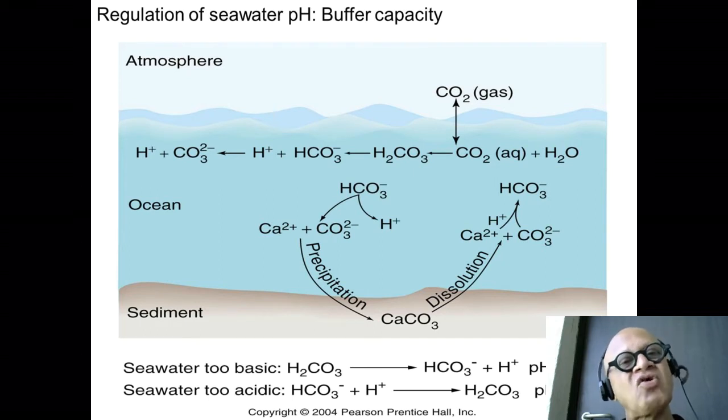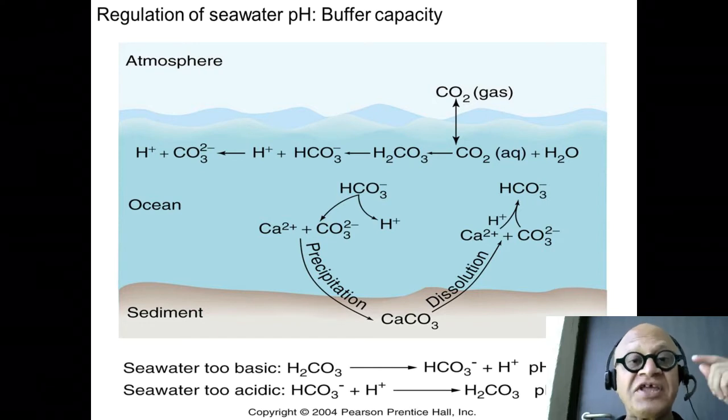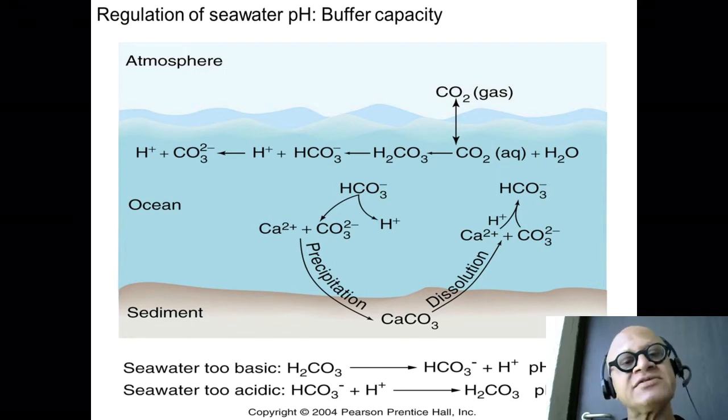There is dissolved CO2 and there is something called aqueous CO2, where the CO2 molecule is kind of hydrated and surrounded by water, but we won't bother with such details. So essentially the CO2 gas in the atmosphere is constantly being exchanged with the ocean. H2CO3 is getting formed.